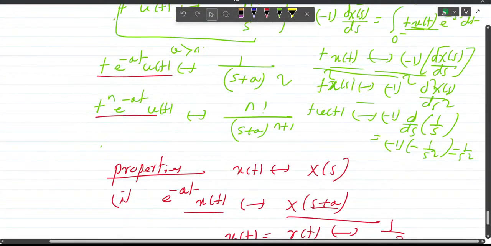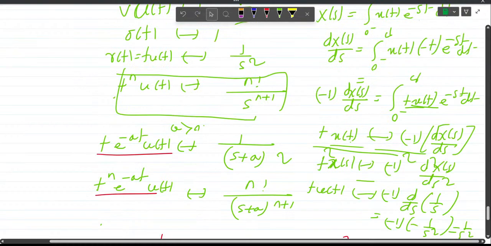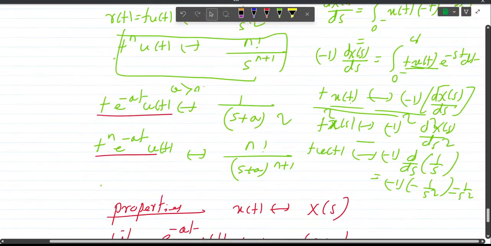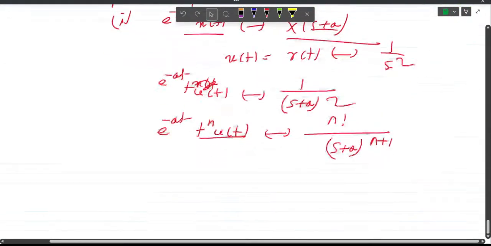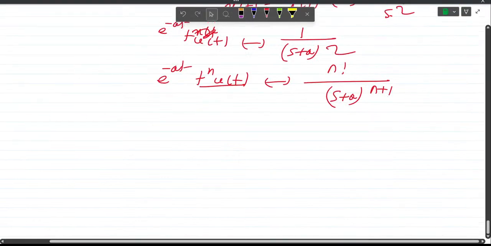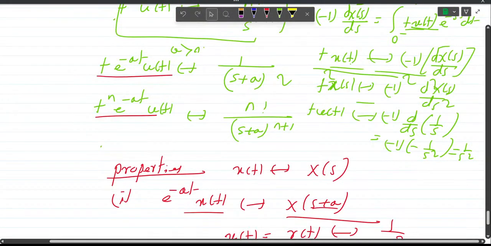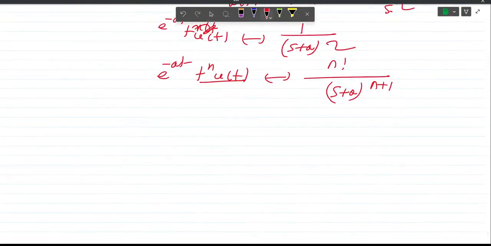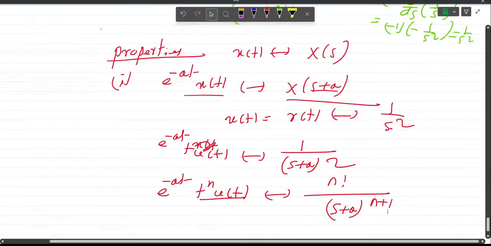And this property, t to the power n x(t). This is a general property; up to here we found t square x(t) has the Laplace transform of minus 1 to the power 2 d square X(s)/ds square. This property is also important. This is property number 1.